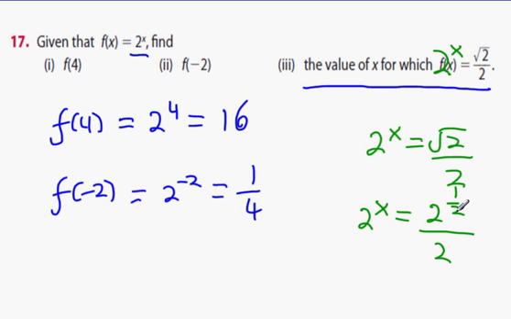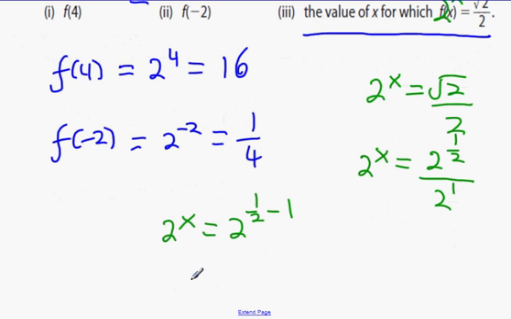Now what's the rule with the powers on top and bottom? Top minus bottom. So 2 to the power of x equals 2 to the power of a half minus 1. 2 to the power of x equals 2 to the power of minus a half. Therefore, what's x equal to? Minus a half. Okay guys?